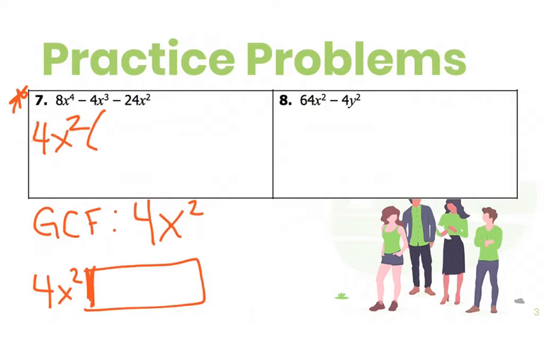And I'm going to use the distributive property to help me. So 4 times 2 is 8. Okay. Now x squared times x squared. Remember, I add those exponents. 2 plus 2 is 4.